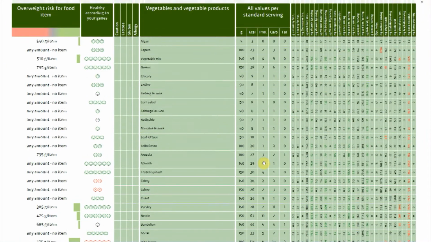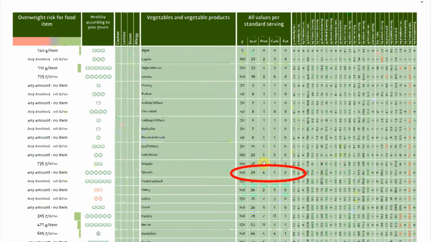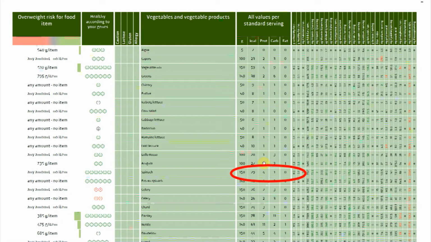Now this here shows you the main calorie containing substances. So for example, going for spinach. A general portion of spinach is 150 grams, and 150 grams of spinach contain 29 kilocalories, so a very low amount.